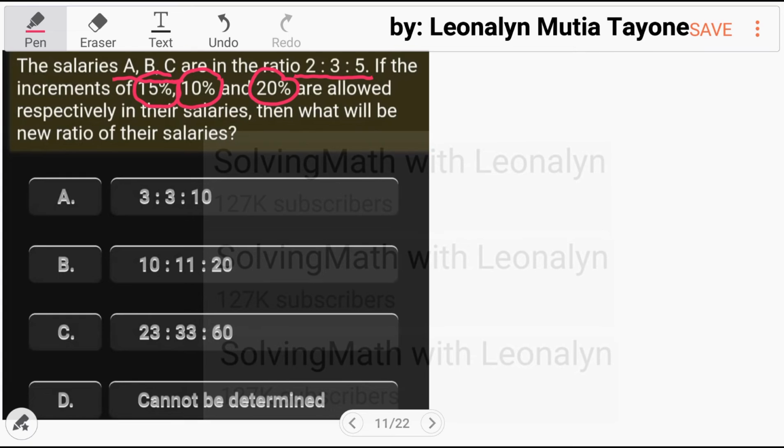Then what will be the new ratio of their salaries? Isulat natin. A is to B is to C. Yung ratio nitong tatlo ay 2:3:5. Doon tayo sa increment nila na 15%, 10% at 20%.